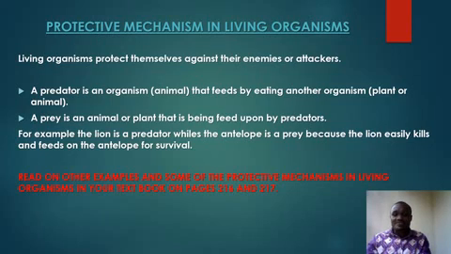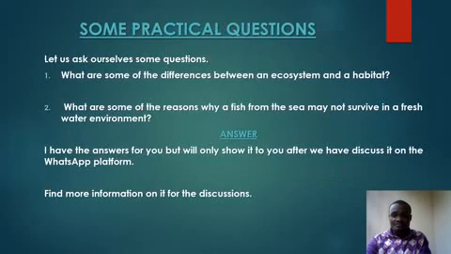That is how God has made them. Now you read on this also for more information in your textbooks. How living organisms protect themselves, their protective mechanism, is found on pages 216 and then 217.